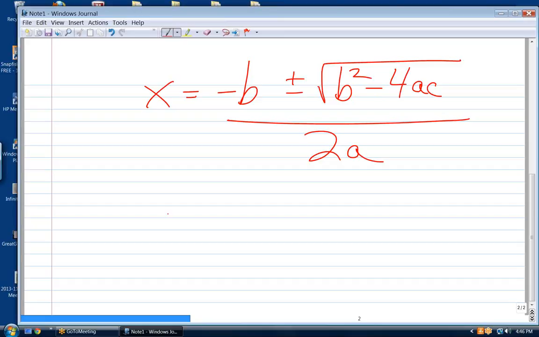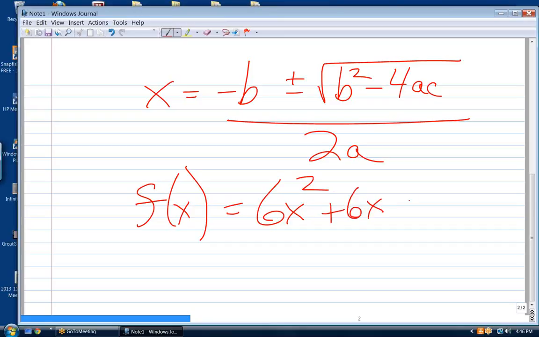Okay. So give me a problem that we would need to use the quadratic formula to solve. So 6x squared plus 6x minus 21 equals 0. Okay.